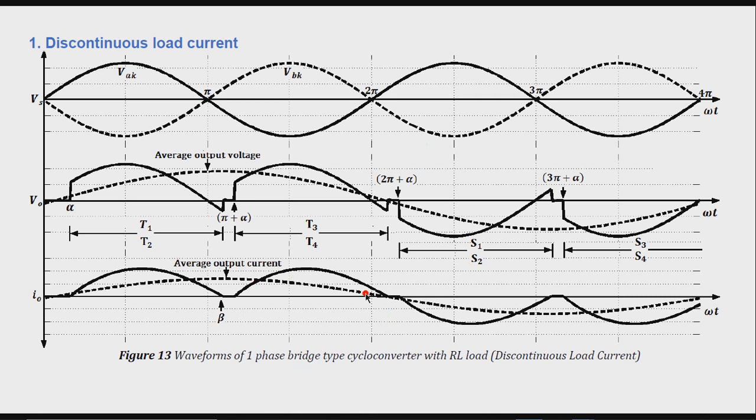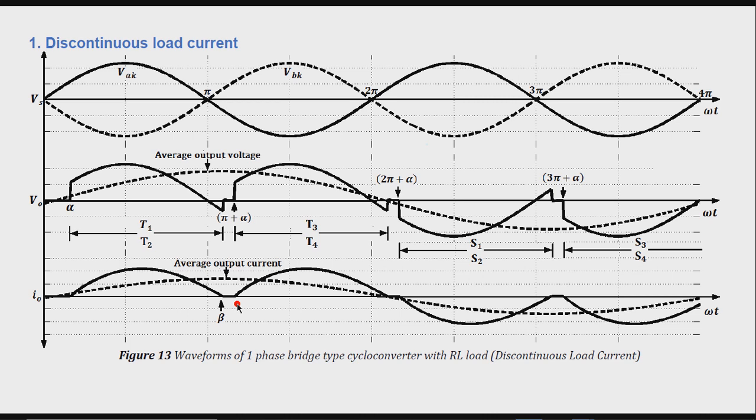Now at omega t equal to pi plus beta, I naught decays to 0 and thyristors T3 and T4 are naturally commutated, and the load current is seen to be discontinuous. From omega t equal to beta to omega t equal to pi plus alpha, the load current is discontinuous or 0.